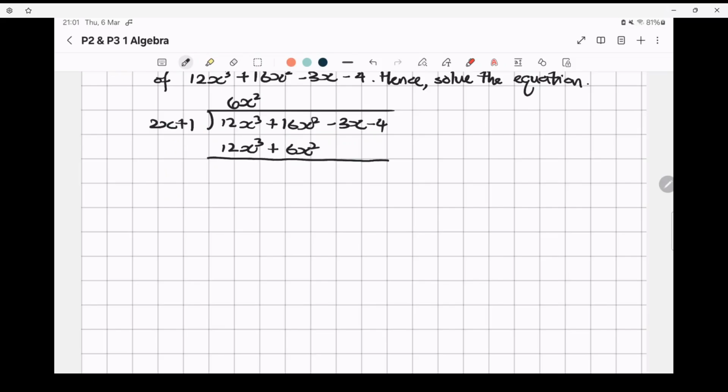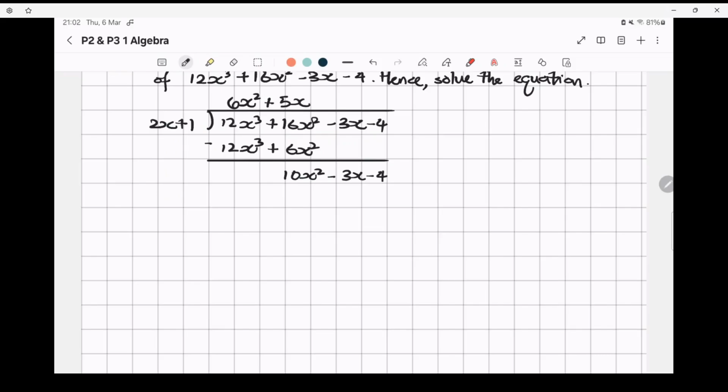Then for this level, put a minus sign. So 12x cubed minus 12x cubed becomes 0. 16x squared minus 6x squared, you get 10x squared minus 3x minus 4. The second one, you need to multiply with 5x.